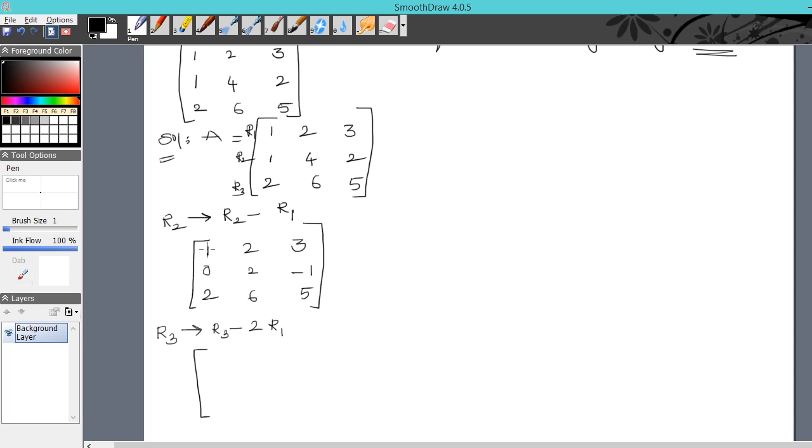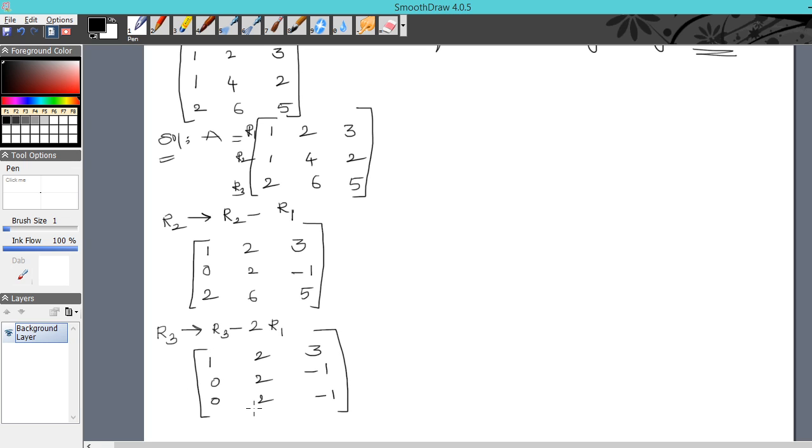Row 1 and row 2 will be the same: 1 2 3, 0 2 minus 1. For R3, minus 2 into 1 is minus 2, and 2 minus 2 is 0. And 6 minus 2 into 2, that is 6 minus 4, gives 2. Here you will get 2, and here minus 1.